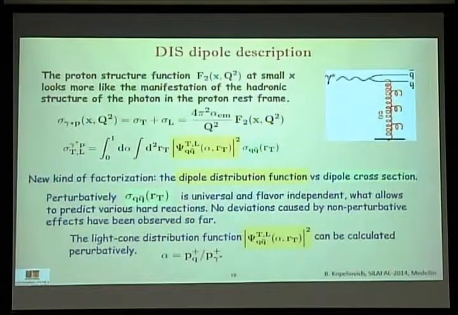It also depends on Bjorken x, implicitly here. So the alpha, it's my notation which I will be using, is the fractional light cone momentum of the photon carried by one of the quarks, for instance, by the quark. So they share the momentum of the photon in fractions alpha and 1 minus alpha.